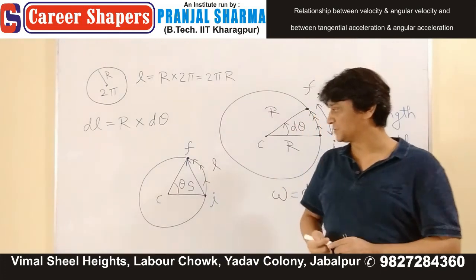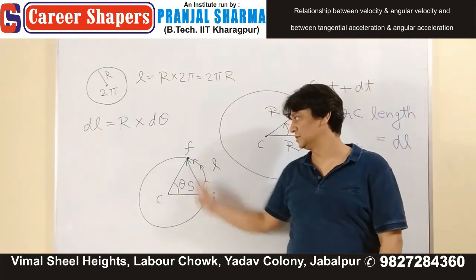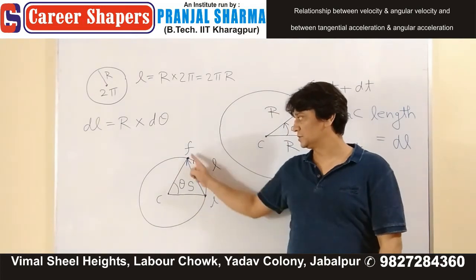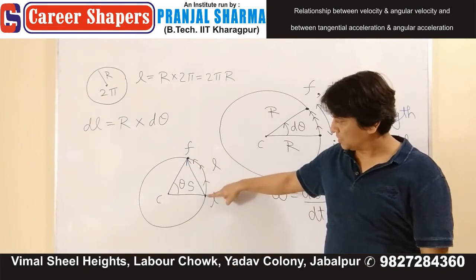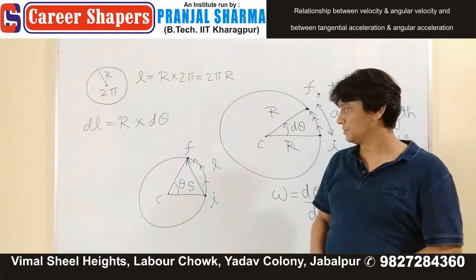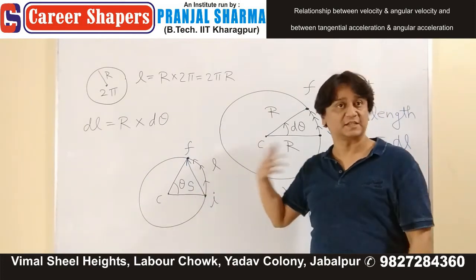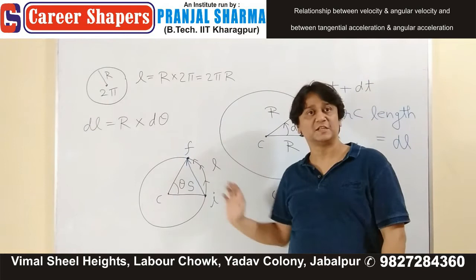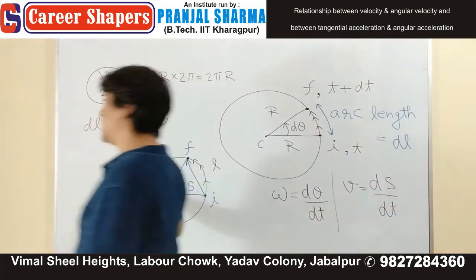What is displacement? Shortest distance between initial and final points. This is the arc length, so the object is moving along this circular arc. What is S? Displacement. What is L? Distance. What is distance? Path length. So S and L are not the same.